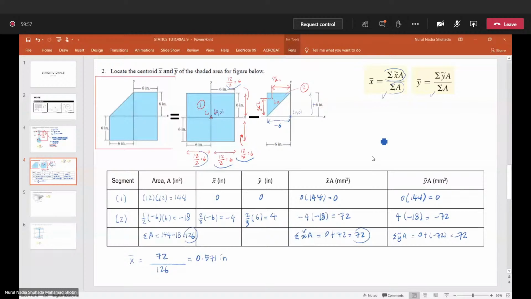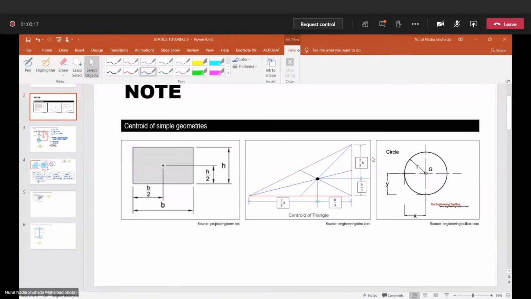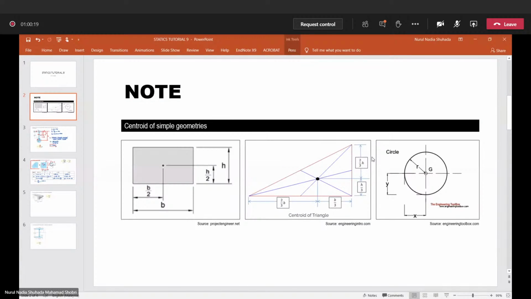Your friends ask why the x and y for the square is 0. It is because to calculate the centroid of y, we basically use this formula where you have the total length and total width, so you divide by 2.